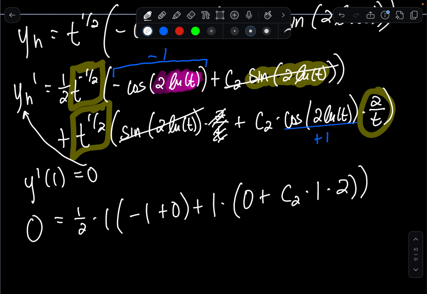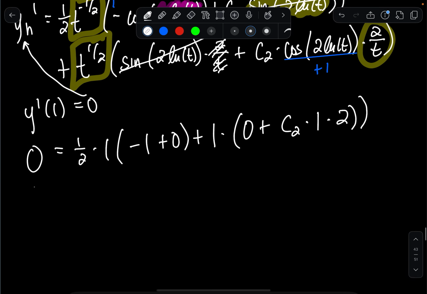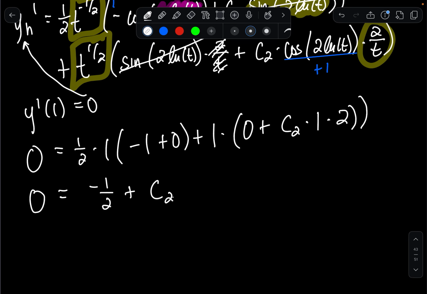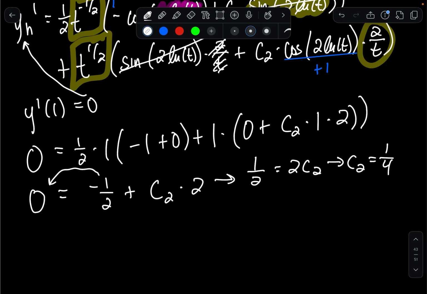So we need to solve for c2 here. We get 0 is equal to negative 1/2, that's all of this, plus c2 times 2. Or positive 1/2 is equal to 2c2 after I move this to this side, and therefore c2 is equal to 1/4.